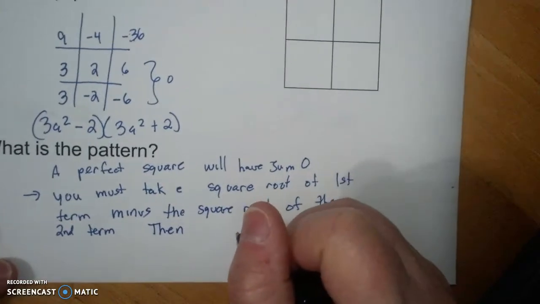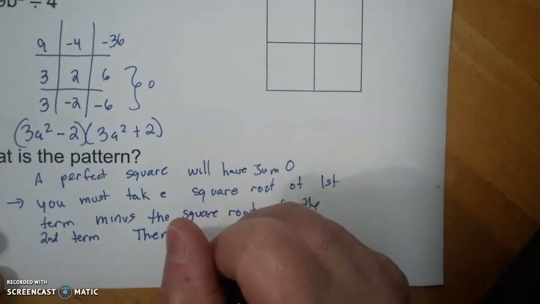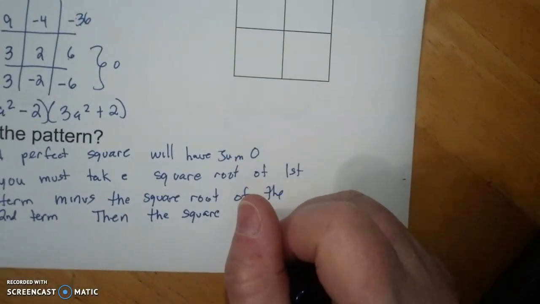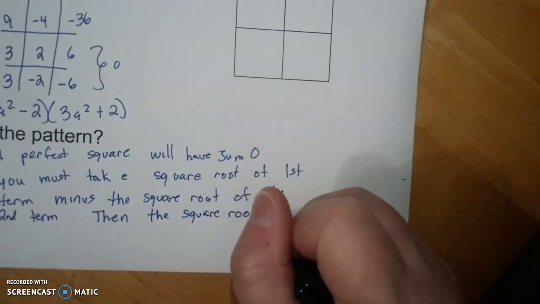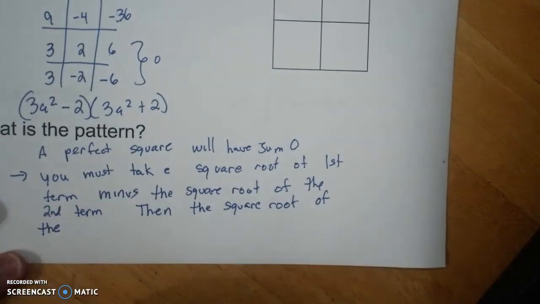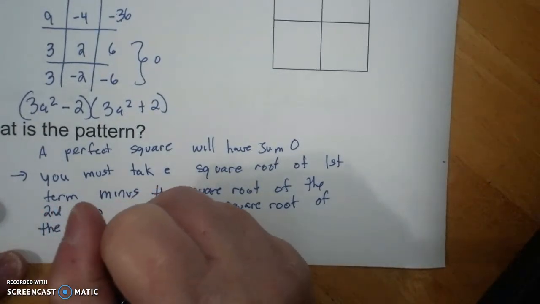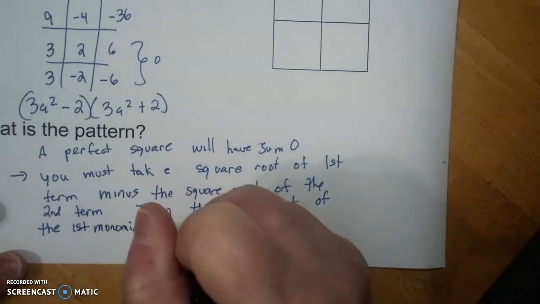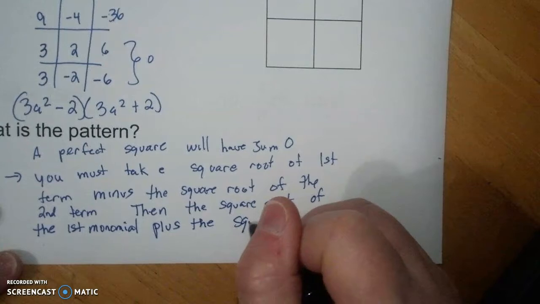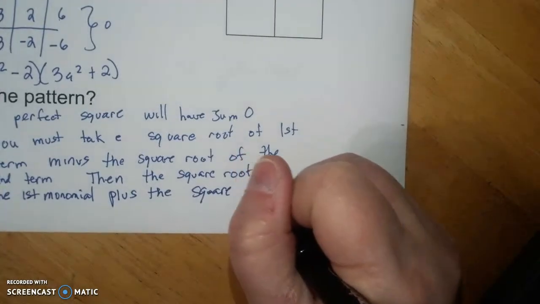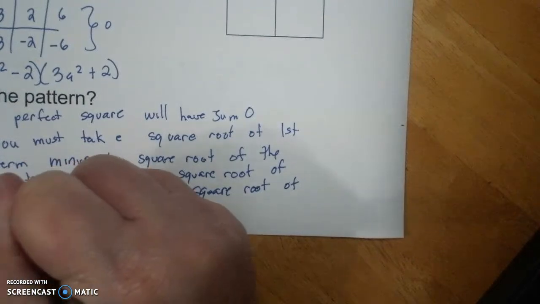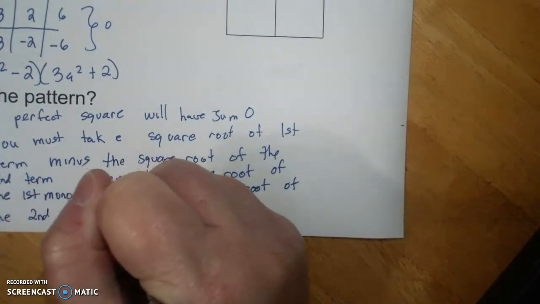Then the square root of the first monomial plus the square root of the second monomial.